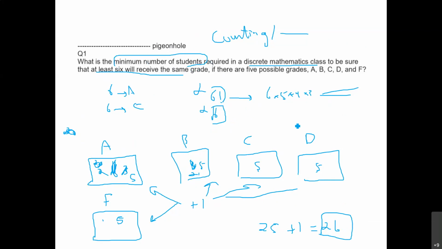I can give you a counter example: if you have 6 students, 3 got an A and 3 got a B. So it doesn't work. This is a counter example. You have to give me a number of students such that no matter how I distribute it, 6 will get the same grade. And it has to be the minimum, which is 26. Okay?